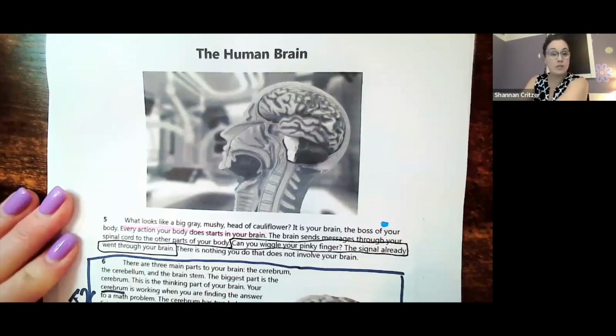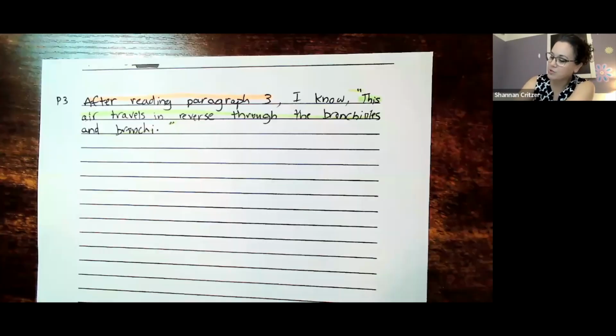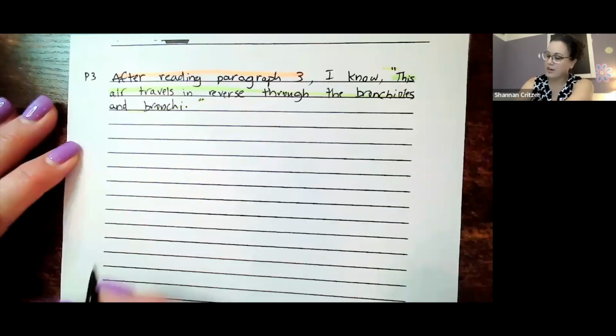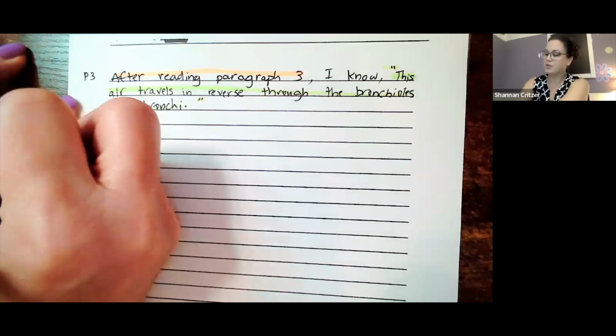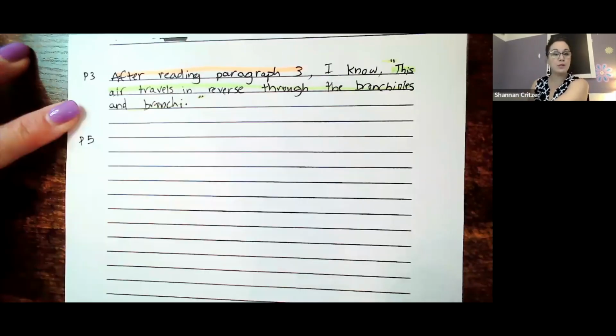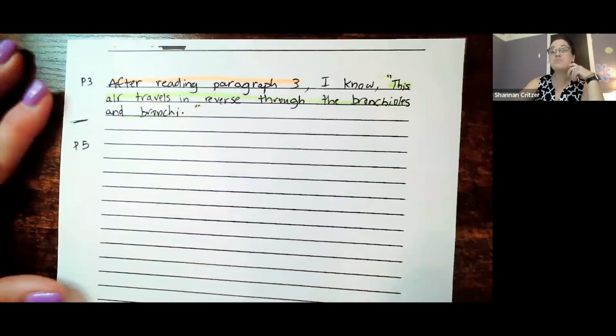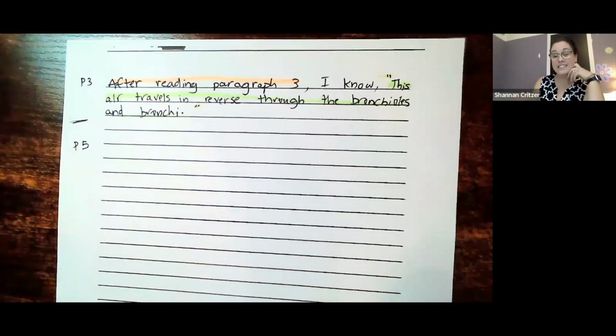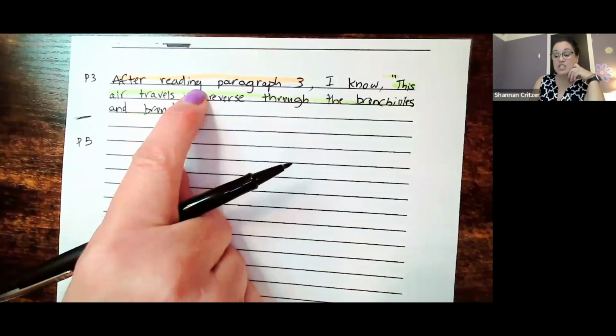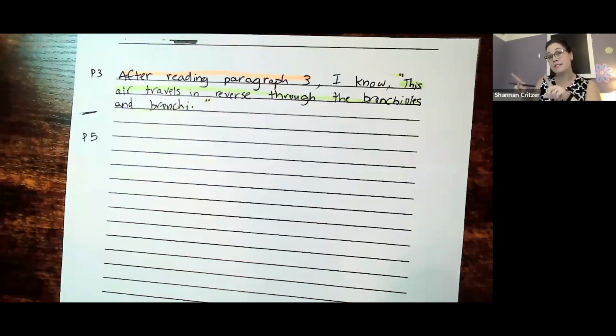So I am going to come down here, and we're going to quote paragraph 5. Okay, so you can put a little line right here. You're done with that. We're going to go to paragraph 5. And now what is the first thing we have to have? That's right, evidence-based terminology. So this is not the human lungs, this is the human brain. So I'm going to change my text title, and I'm going to change my words up.